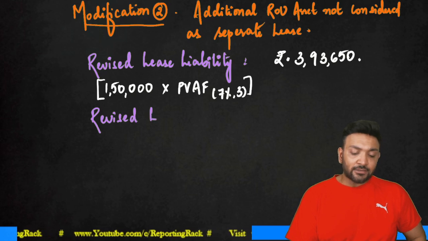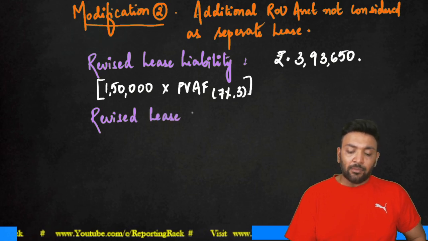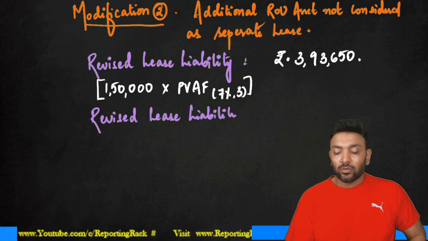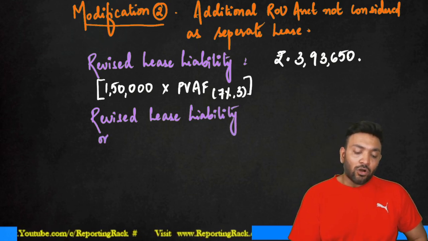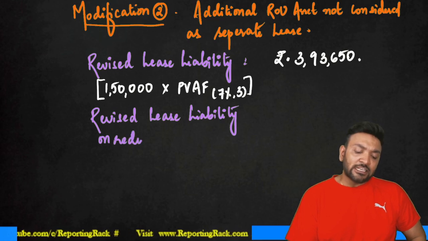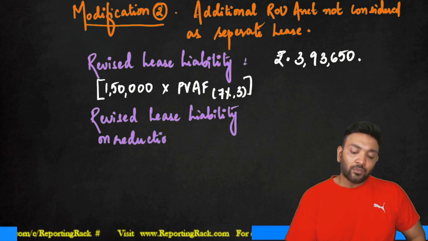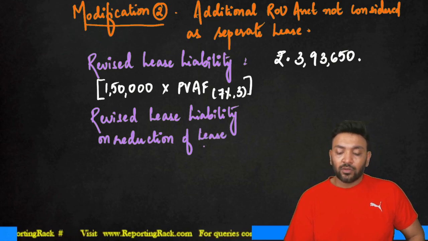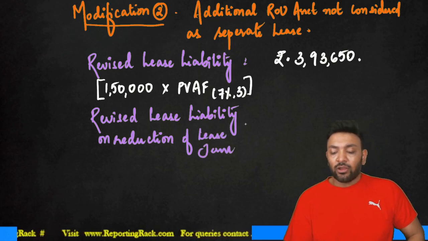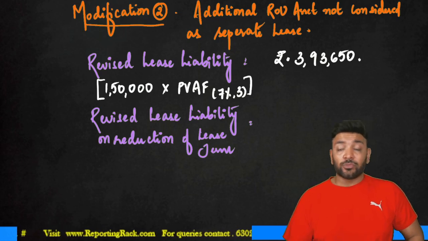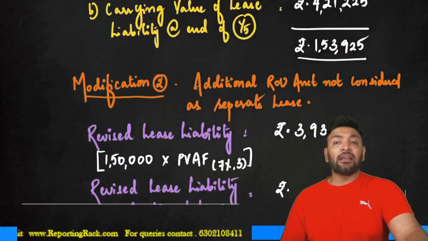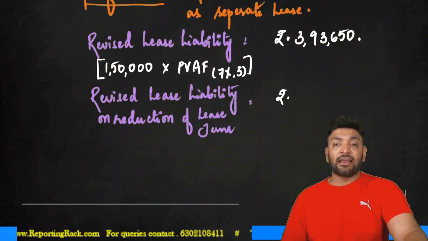The revised lease liability on reduction of lease term of original lease. When my original lease was reduced to 8 years from 10 years, it had a value of 267,300.